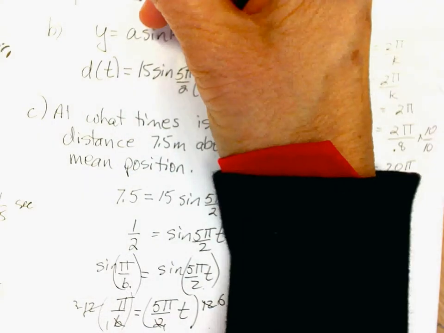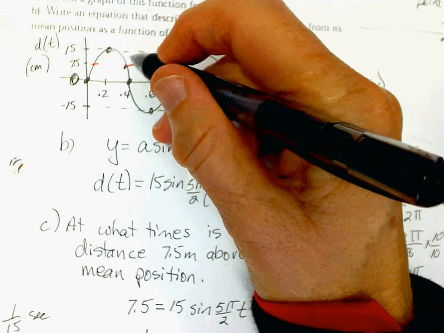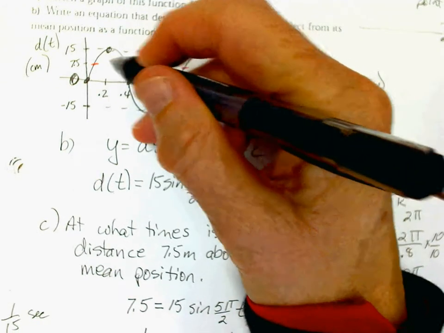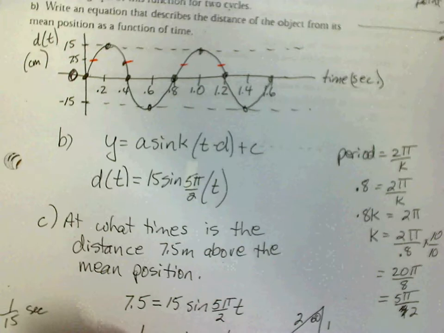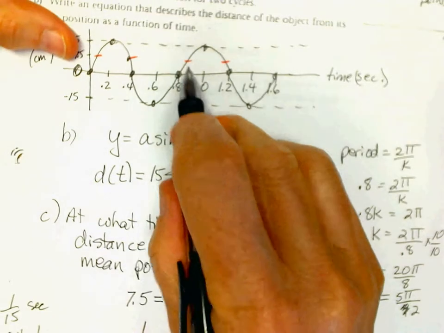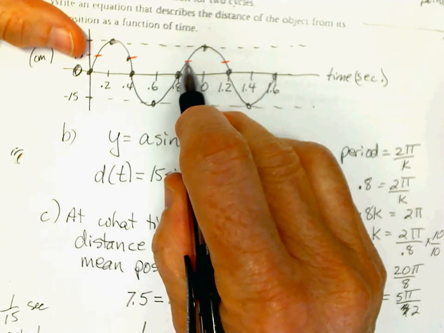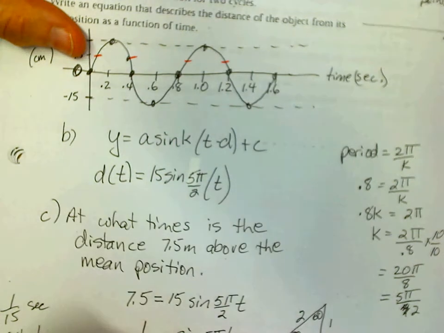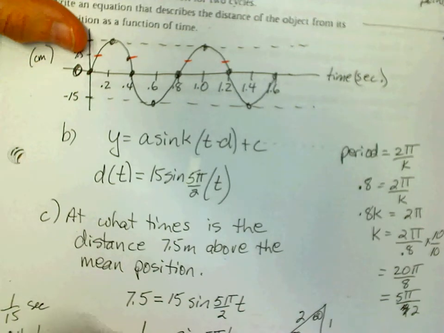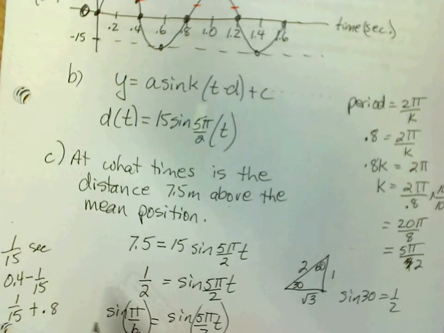That would be 0.4 minus 1 over 15. What would this one be? Well, it's going to be 1 over 15 plus 0.8 of a second, because that is the period, so that's a complete cycle. We add the period.